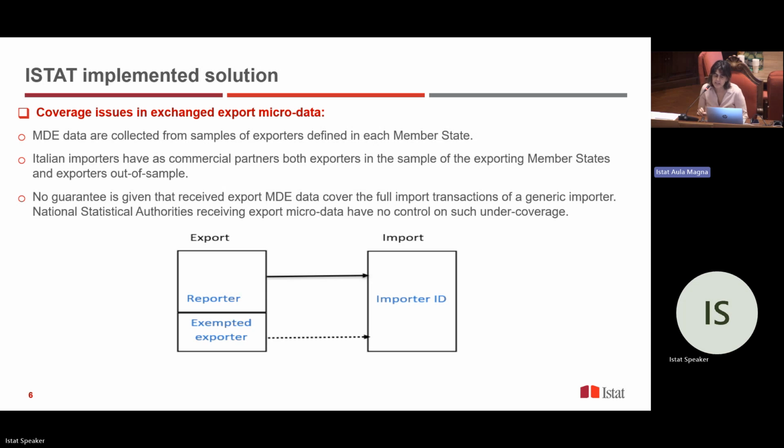There's no guarantee that all the trade of an importer in our present sample is covered by such data, because the importer can have trade transactions with exporters in the samples of other member states, but also from exporters which are out of the sample of the exporting member state. So we need another data source which gives us the total trade of the importer, which we would like not to have in our sample.